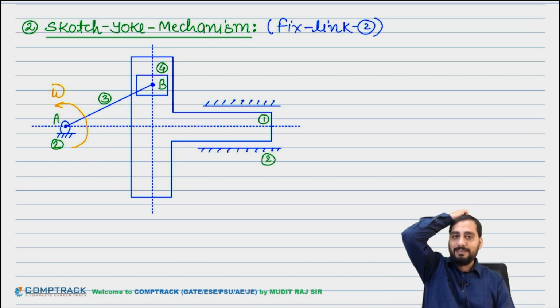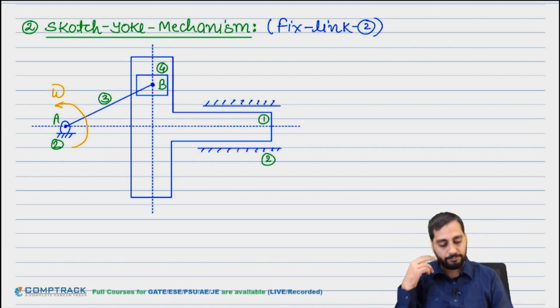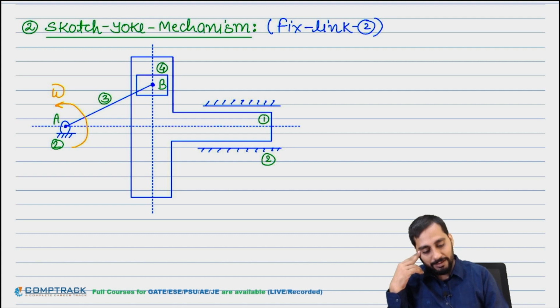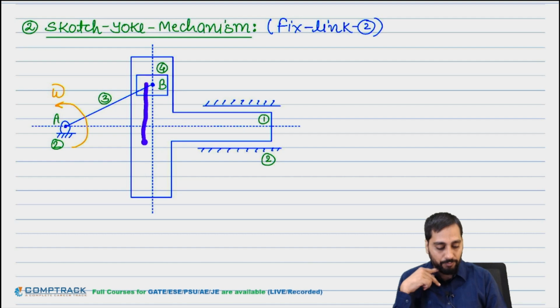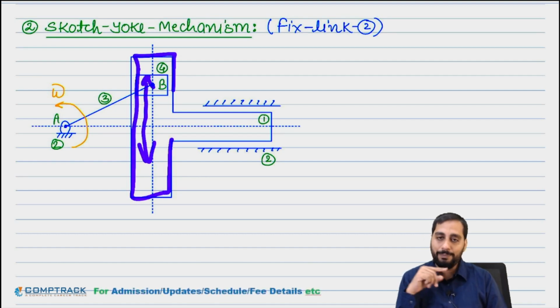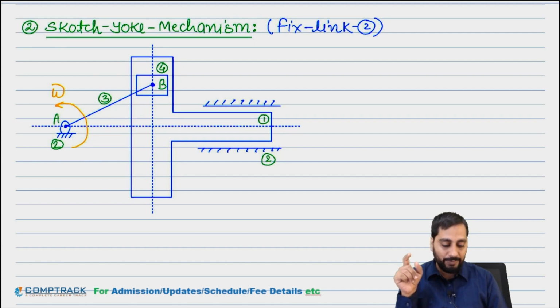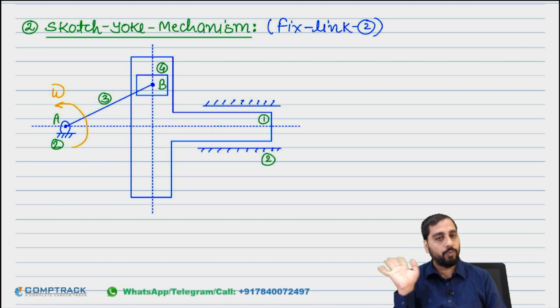So when link 3 will rotate continuously like this, this piston 4 will go up and down in this frame, right, and this frame will go right and left in the cylinder 2. So this will be the motion. Clear till here?